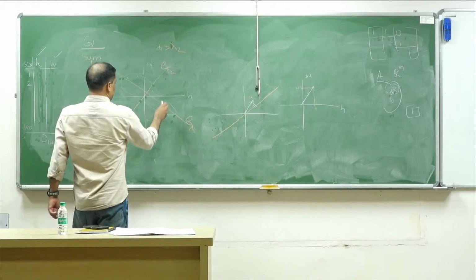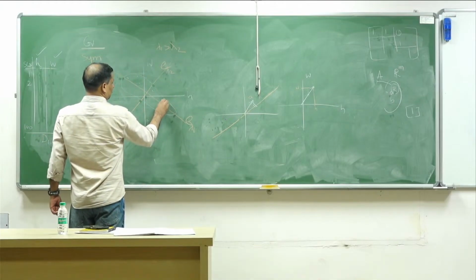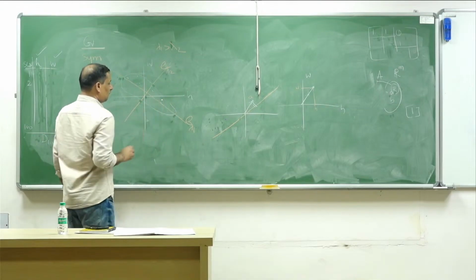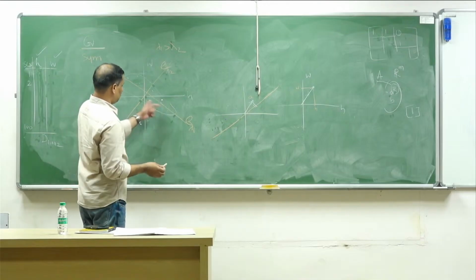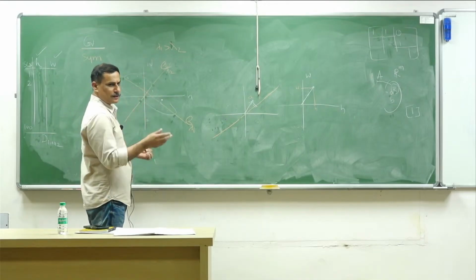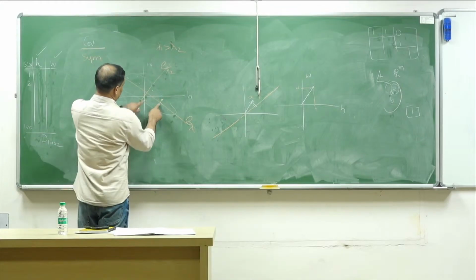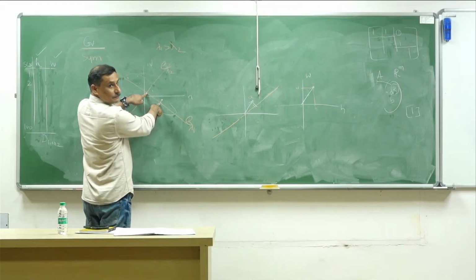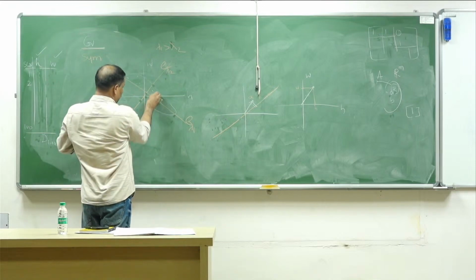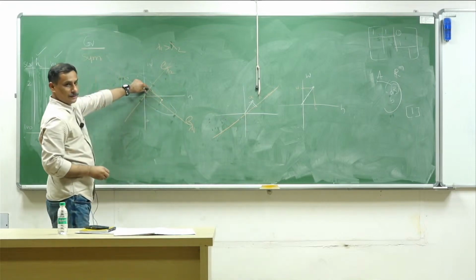Okay, suppose there is a data point here. How do you project this onto the new axis? Orthogonal projection. So you have to project onto this one. The variation is this much. You project onto this, the variation is very small here.